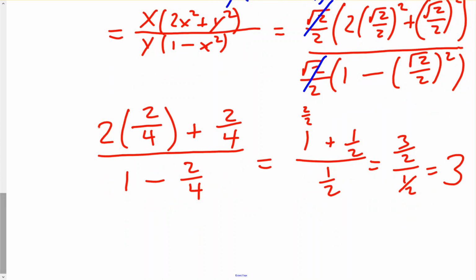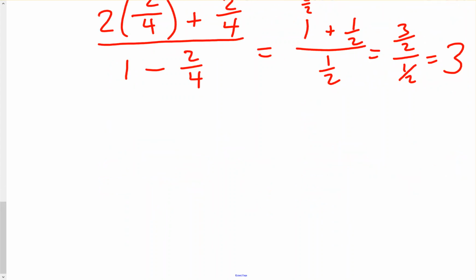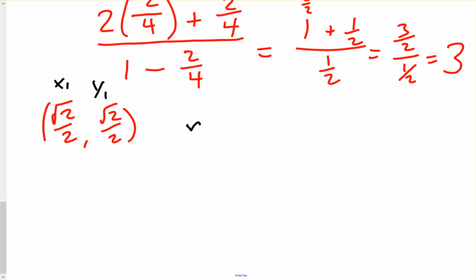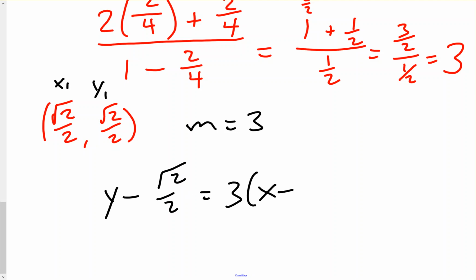And then they wanted the equation of the tangent line. Okay, so we have square root 2 over 2, square root 2 over 2. This will be like our x1 and our y1, and we have a slope of 3. So y minus square root 2 over 2 equals 3 times x minus square root 2 over 2.